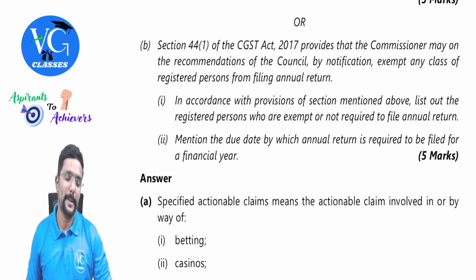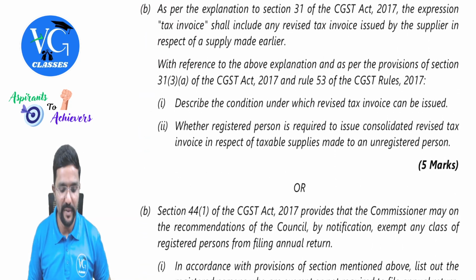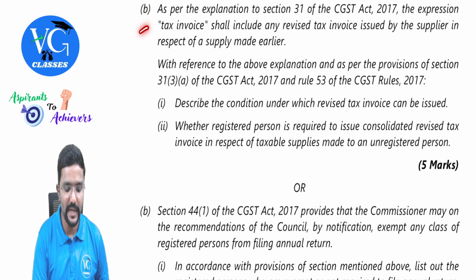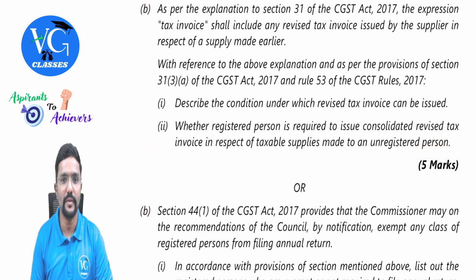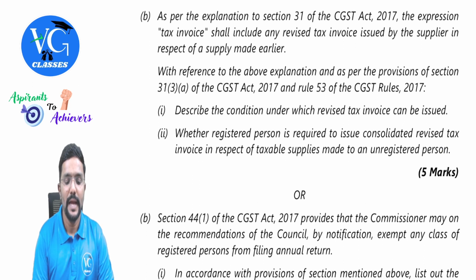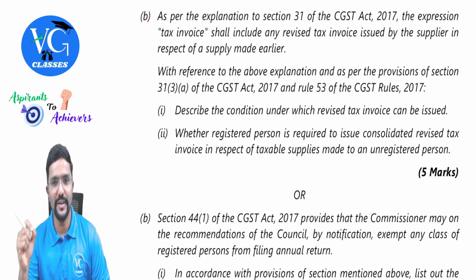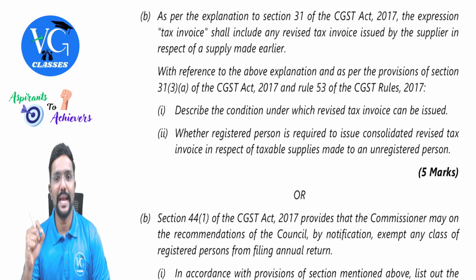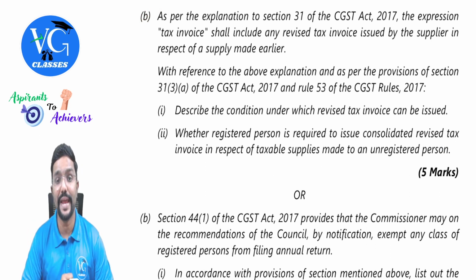Yes, sir. Fine. Then coming to B, for B there is internal choice. You can either answer this or this, for 5 marks. Let us see. As per the explanation to section 31 of CGST Act 2017, the expression tax invoice shall include any revised tax invoice issued by the supplier in respect of supply made earlier.